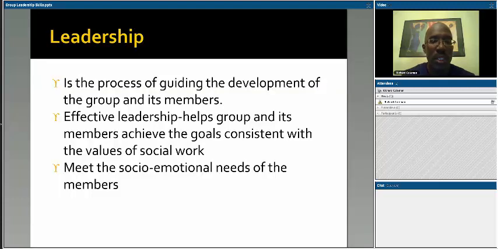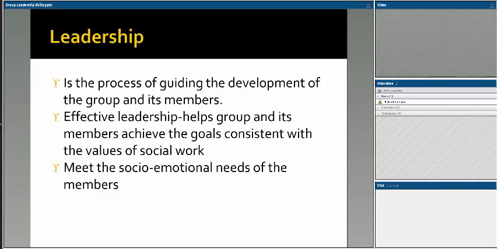Let's talk about leadership for just a bit. As we see here, leadership is defined as this process of guiding the development of the group and its members.